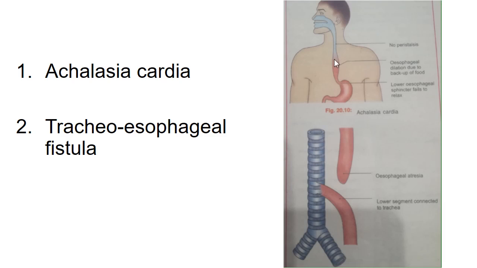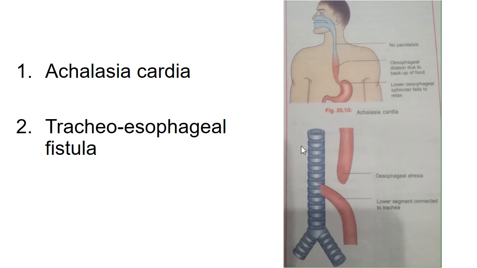As you can see in this image, the lower esophageal sphincter fails to relax on arrival of food, due to which there is esophageal dilatation due to backup of food. This condition of neuromuscular incoordination is characterized by inability of the esophagus to dilate. It is known as achalasia cardia. It may be due to congenital absence of nerve cells in the wall of the esophagus.